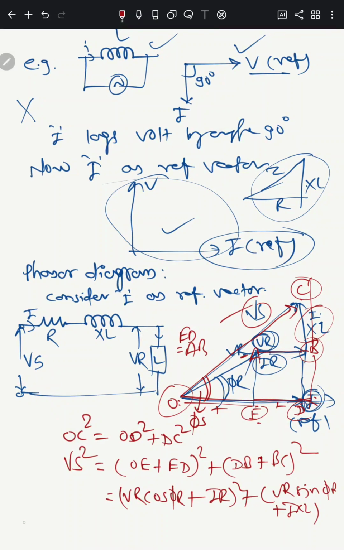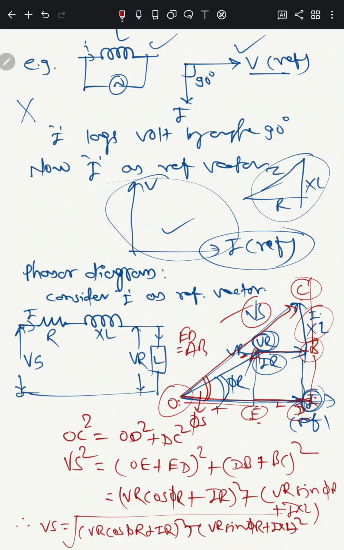So therefore from this we can write Vs is equal to VR cos phi r plus IR square plus VR sin phi r plus I into XL square. So this is the final expression for sending end voltage.